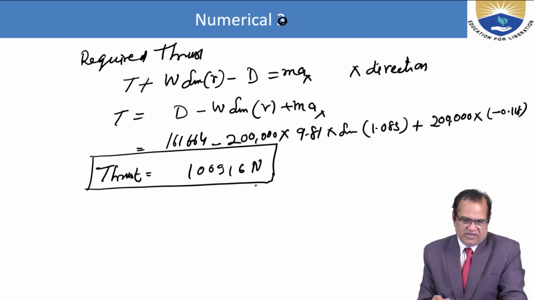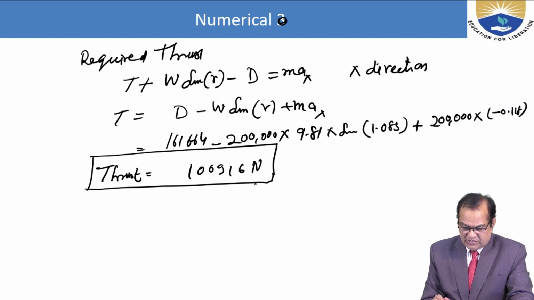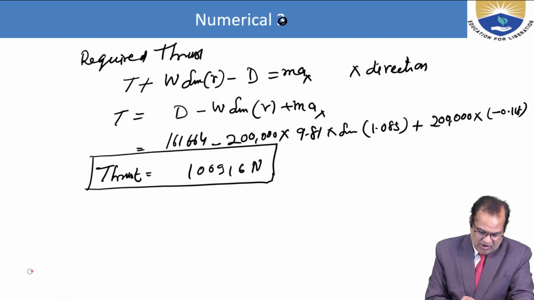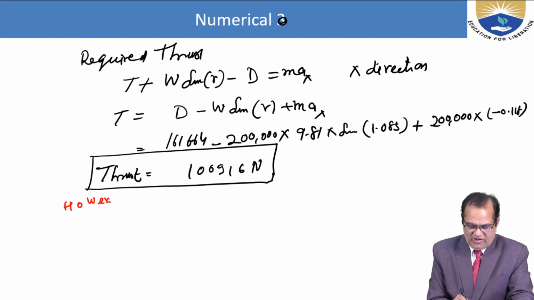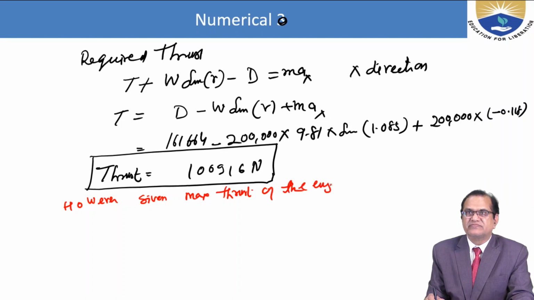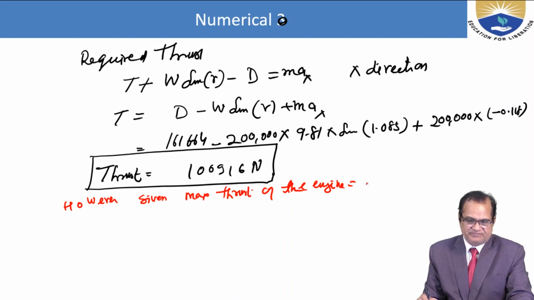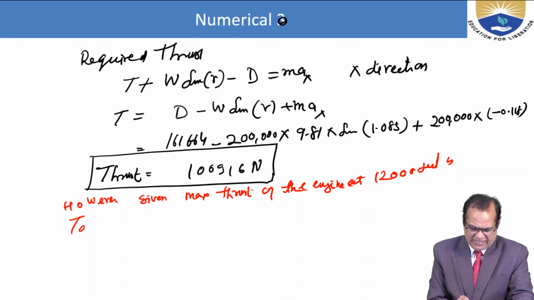As per this case, however, if you see that as per the problem, given max thrust of the engine at 12,000 feet is, we know that T available is equal to T naught rho by rho naught to the power 1.